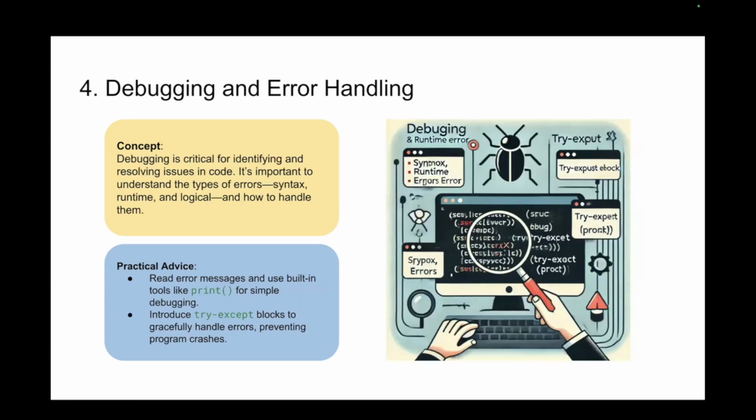And then you also need to learn debugging. We never have the intention to put bugs in our code, but it always happens. So we just need to learn how to debug and handle errors, like a quick print command in the Python code to see the variable, or try and except blocks to help you handle the error.